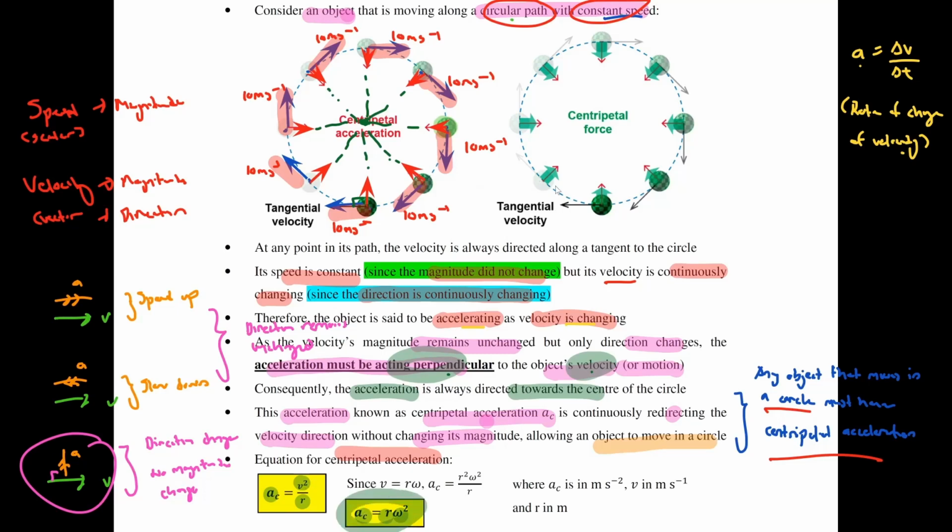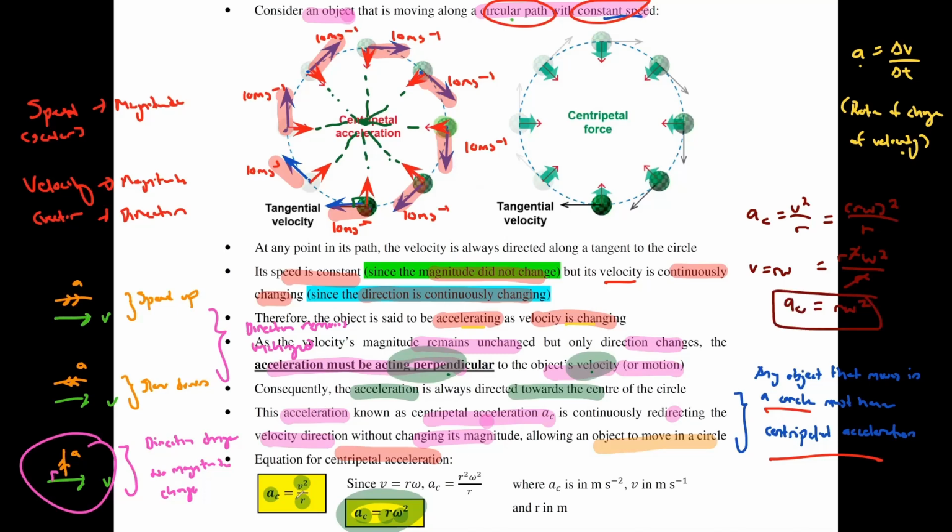It's because of the relation v equals r omega that you learned before. If I tell you that a_c is v squared over r, but at the same time we know that v is r omega, you will get r omega squared over r. The r squared omega squared divided by r, the square will cancel off, giving you r omega squared. That's why we can say that a_c is also r omega squared.